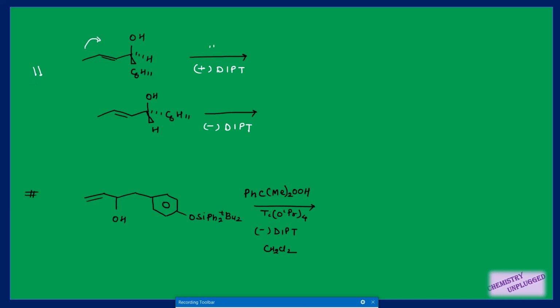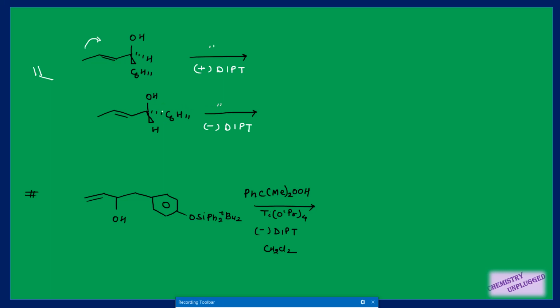So it will come in vertical direction and this bond will go on the right hand side in both the cases. So our basic concepts will be applied, that with plus DIPT we will get below the plane attachment of oxygen, and with negative we will get above the plane attachment of oxygen, right?